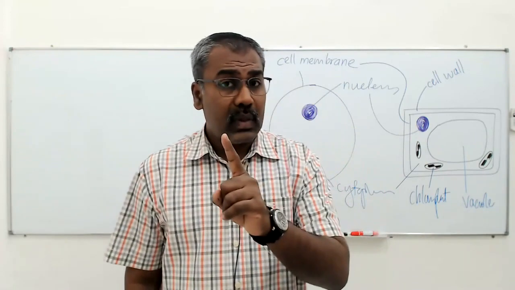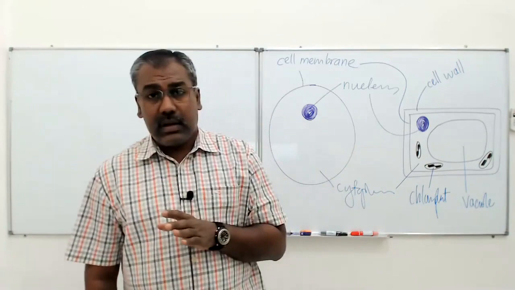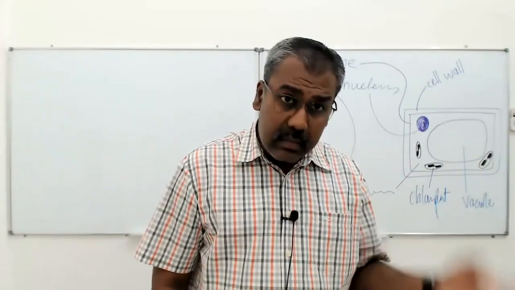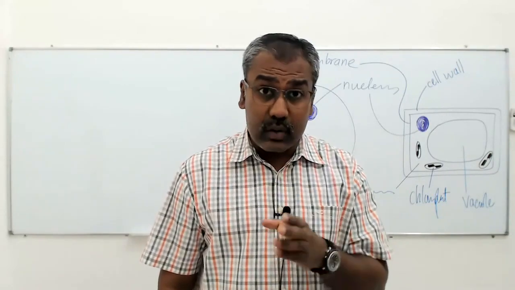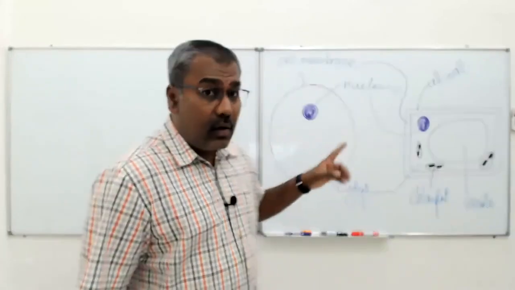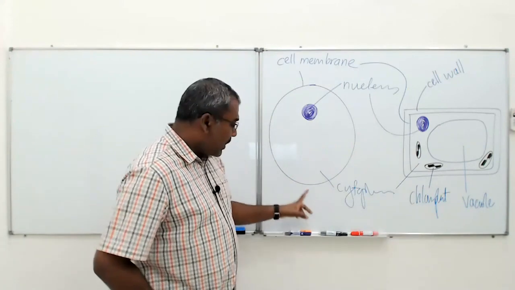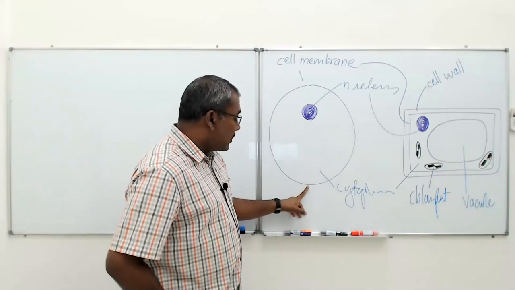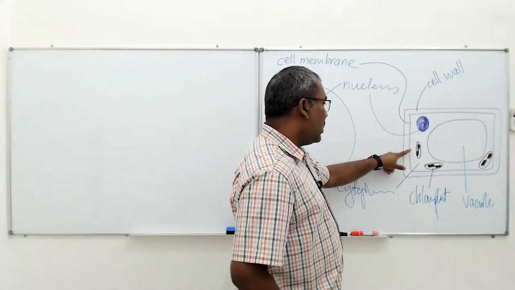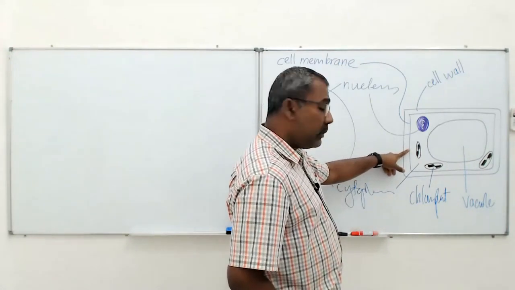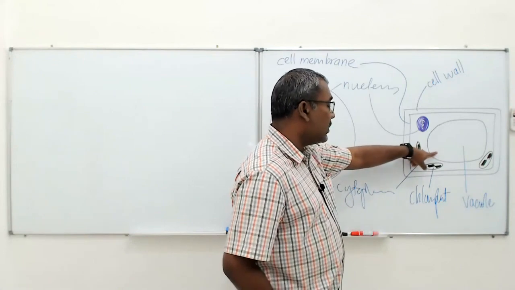Yes or no? Alright. So now if a question asks you to draw an animal cell and a plant cell seen under the light microscope, don't forget you can only draw these structures. For animal cell: cell membrane, cytoplasm and nucleus. For plant cell: cell wall, cell membrane, cytoplasm, chloroplast, vacuole, nucleus.